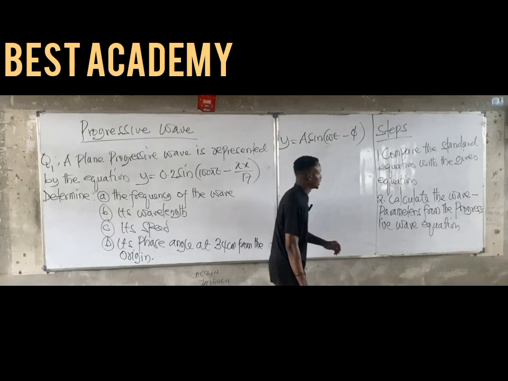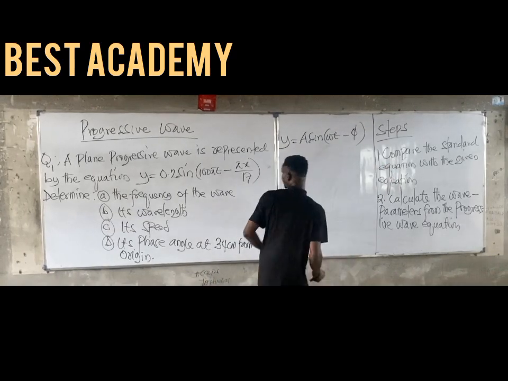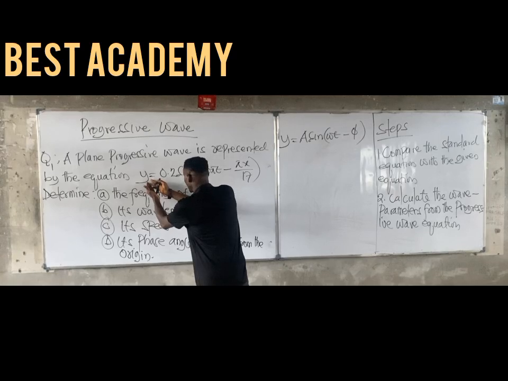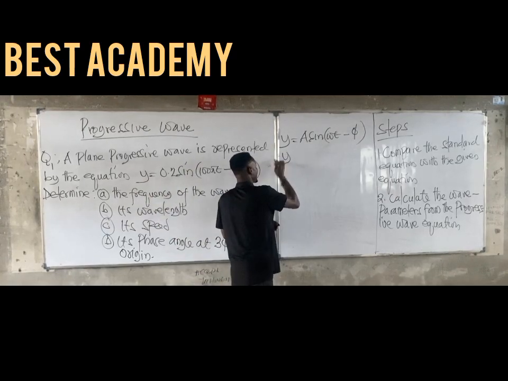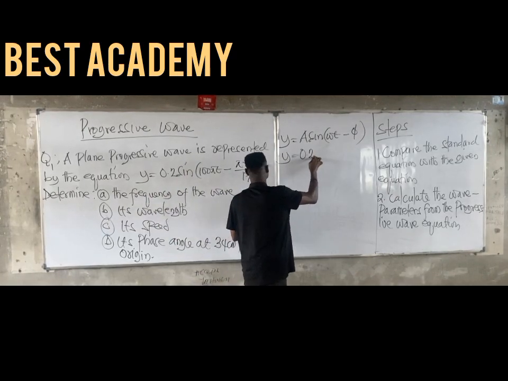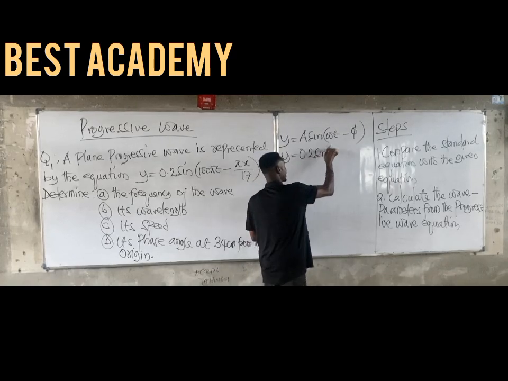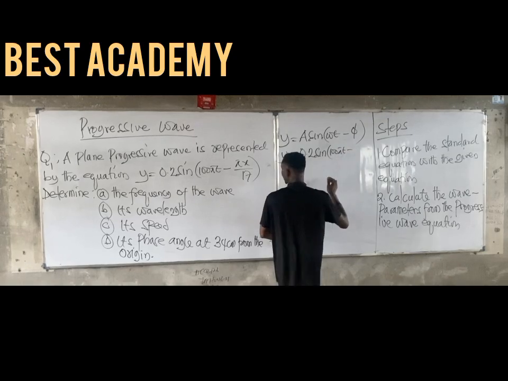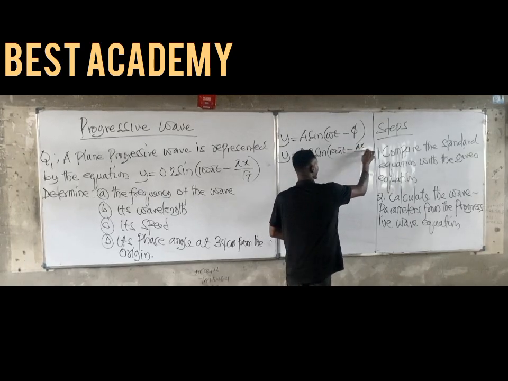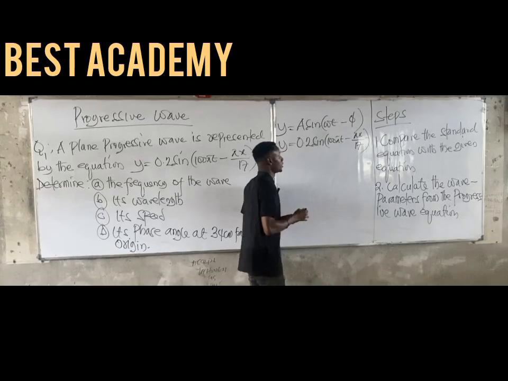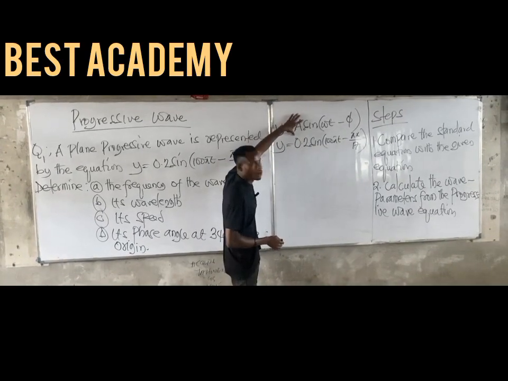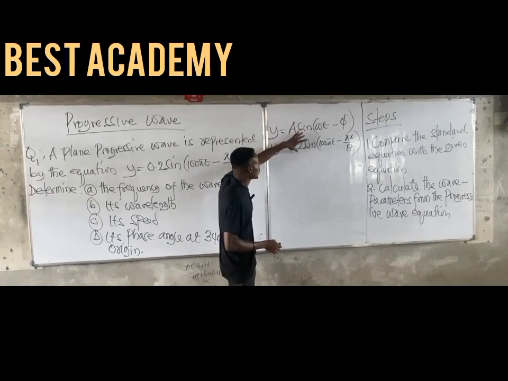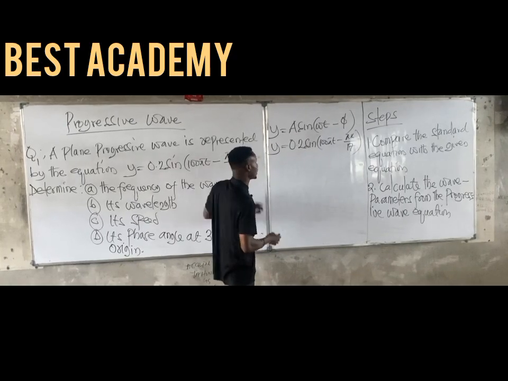So the next one here is, okay, with the given one. Which of them is the given one here? This is the given one here. So this will be y is equal to 0.2 sine into 100 pi t minus pi x over 17. Okay. Now we have compared this standard one here for progressive wave to the given one here. So let's go.